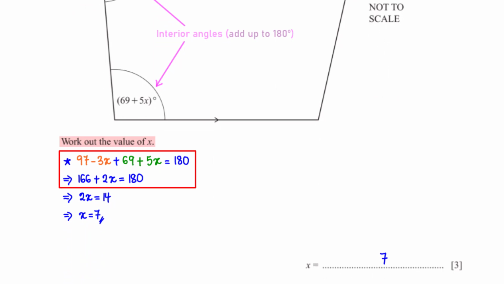Minus 3x plus 5x is 2x. When we subtract 166 from both sides, we get 2x equals 14. And when we divide both sides by 2, we get x equals 7.